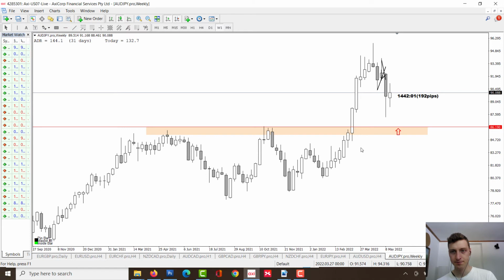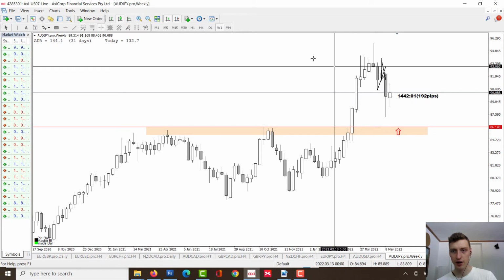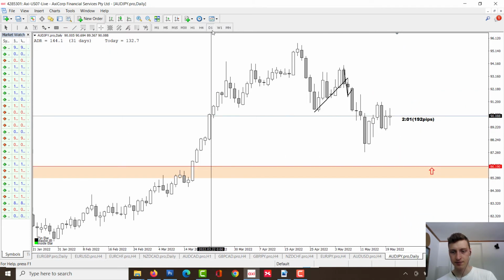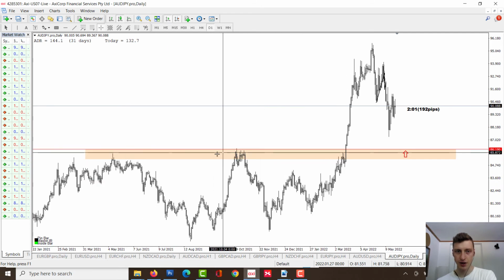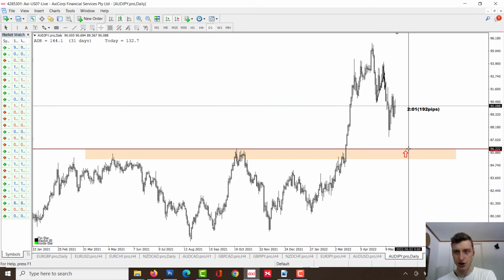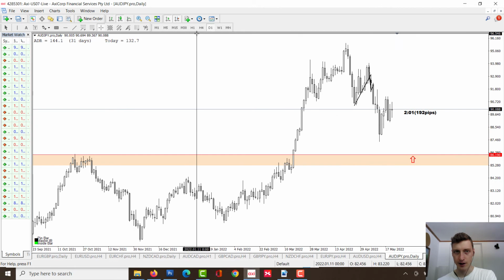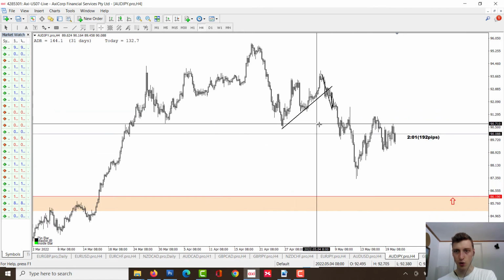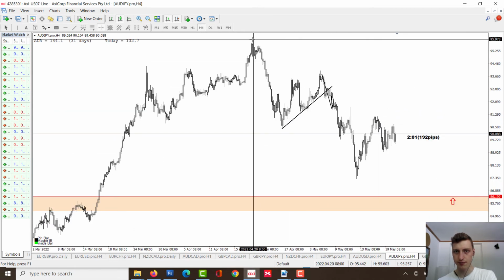Also Aussie yen approaching that level. A very nice zone. I'm waiting for price to reach that area. Otherwise these are also opportunities to go short.